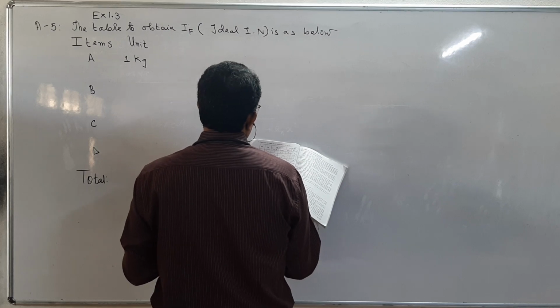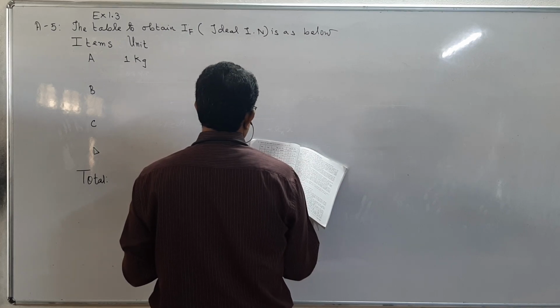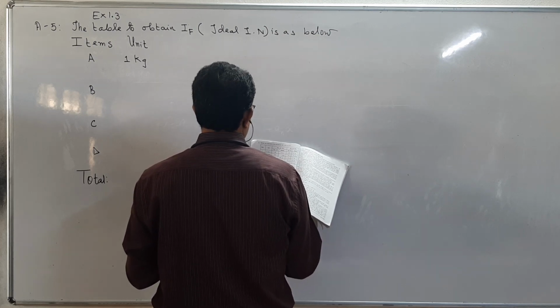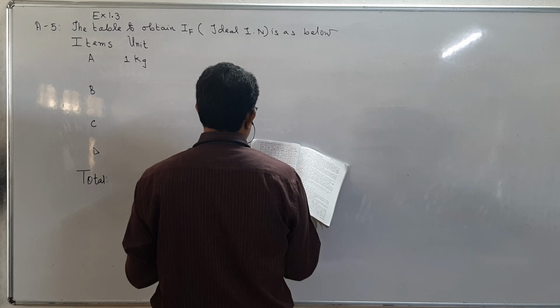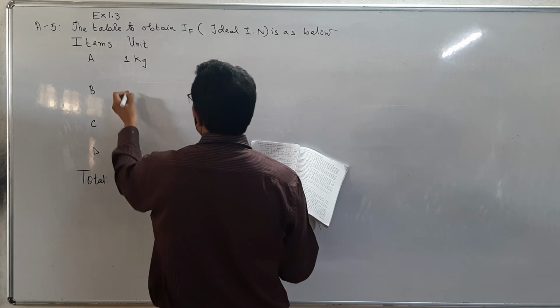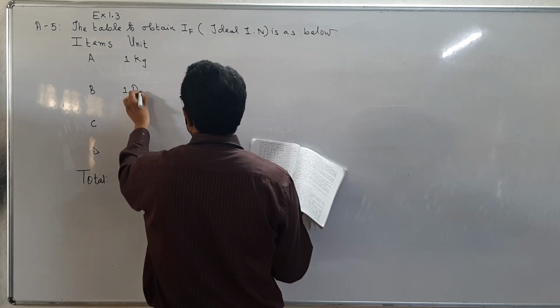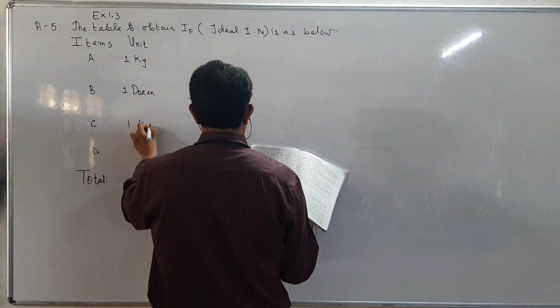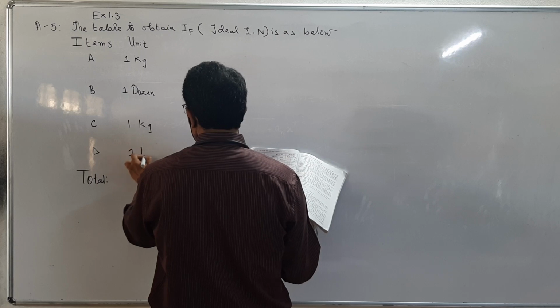Now students, pay attention here. The quantity is given in terms of dozen. So instead of writing per piece, the unit is 5 dozen, and the smallest unit is 1 dozen. Then 1 kg, and then 1 liter.